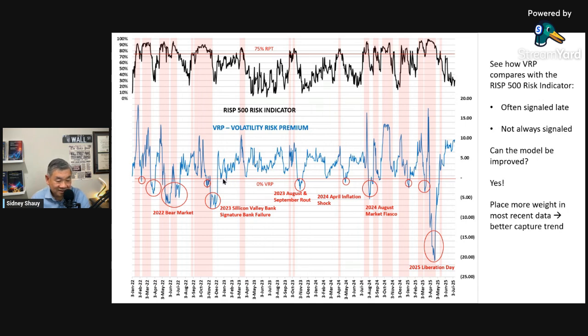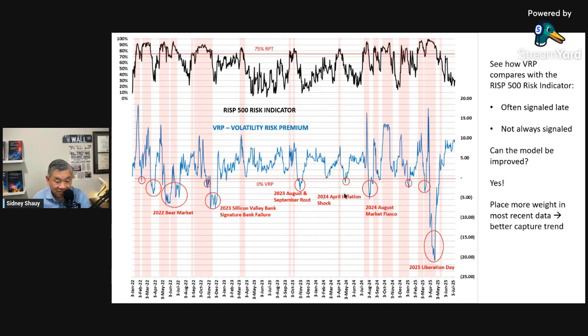Well, let's see. If we use zero VRP, all the negative numbers, when it turns negative to signal, you see that it's not well aligned with the pink areas. You see, sometimes it signals late, and sometimes it doesn't even signal, right?